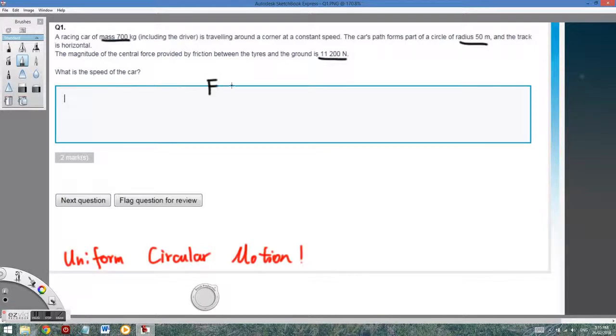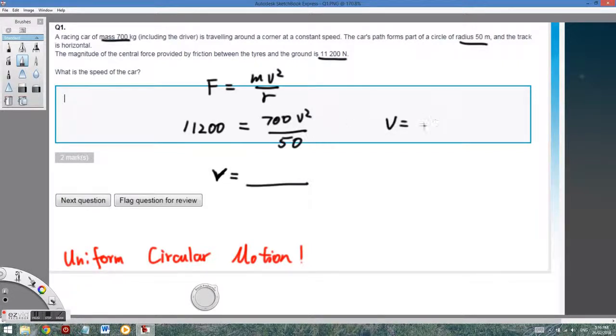Let's use the equation and put the values in. Rearrange it and use your calculator to find an answer for the speed. It will be the square root of, and you can do that in your calculator.